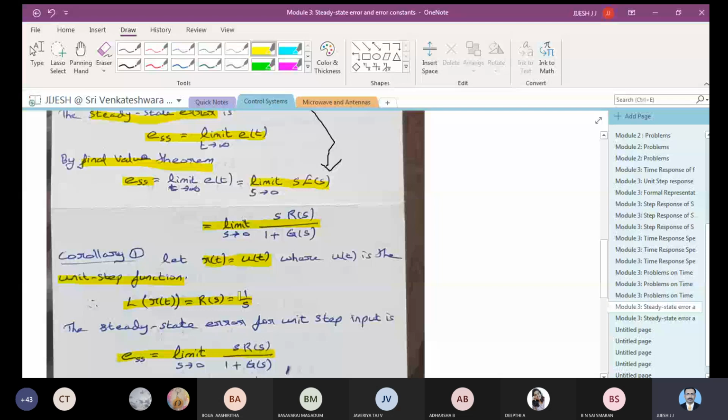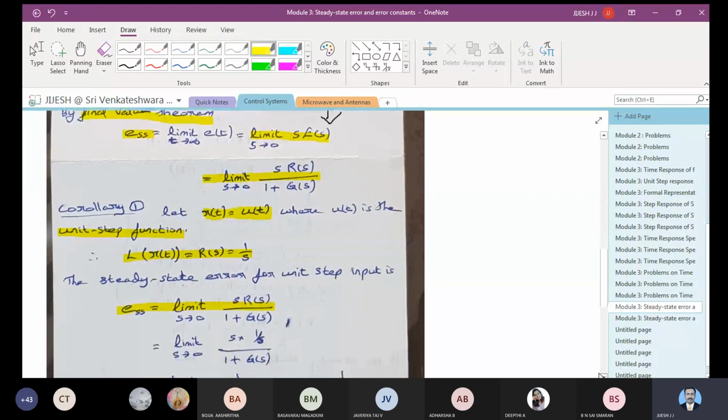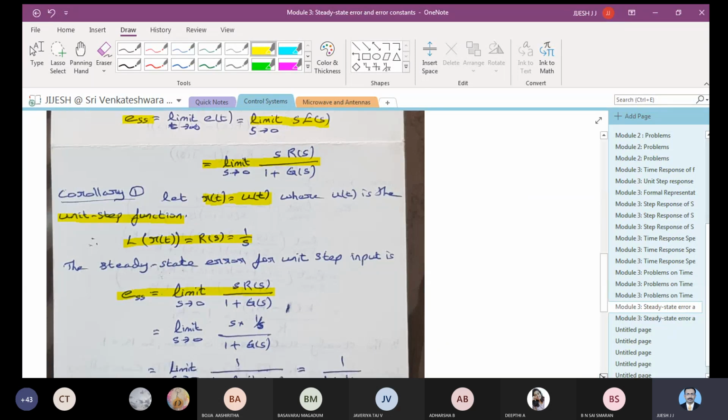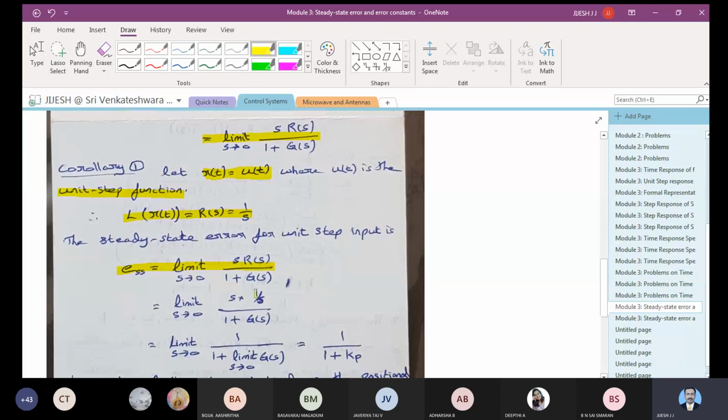We got R of s is equal to 1 by s since it is a unit step function. Substituting R of s, we get limit of s tends to 0, s into 1 by s divided by 1 plus g of s. S gets cancelled. So what you finally get is limit of 1 divided by 1 plus g of s.